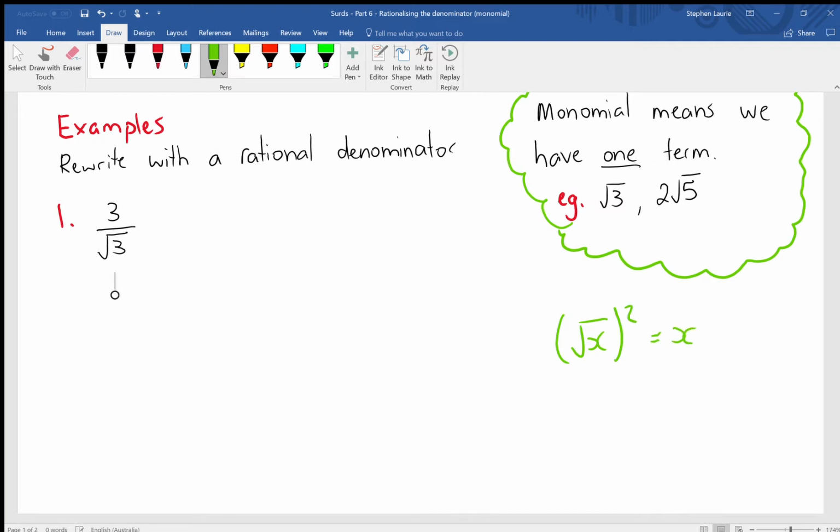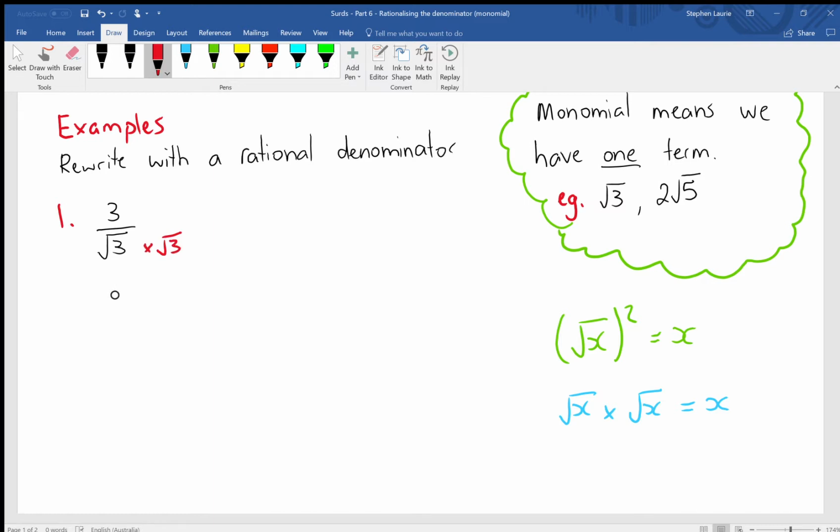Or, in other words, if we take the square root of x and times it by itself, we get x. So what can we times root 3 by to get a rational number? We can times it by root 3.